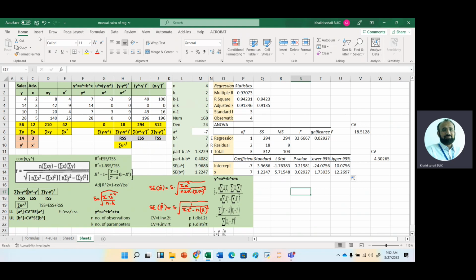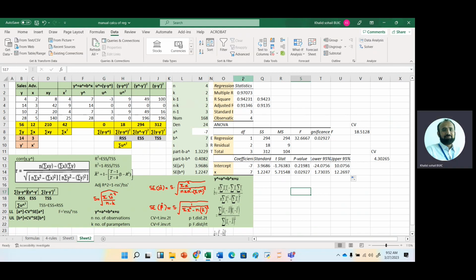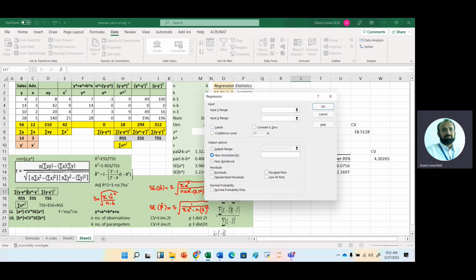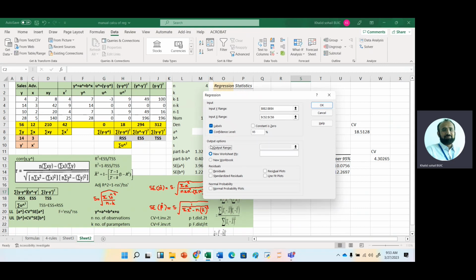Now go to data analysis, then select regression, and select DV with label, and then IV with label, and then label and confidence level, and then let's say output range.